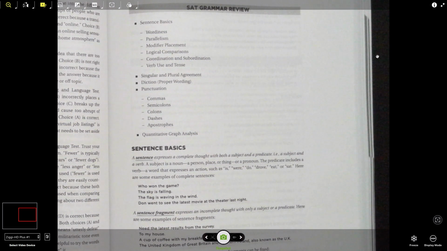You say, I like to run. That's a complete sentence. But if you use a subordinate conjunction like since, you say, since I like to run, now that sentence is not complete. So that's a dependent clause. You have to put a comma after a dependent clause and then put an independent clause to finish the whole sentence. So you say, since I like to run, I wake up early in the morning.